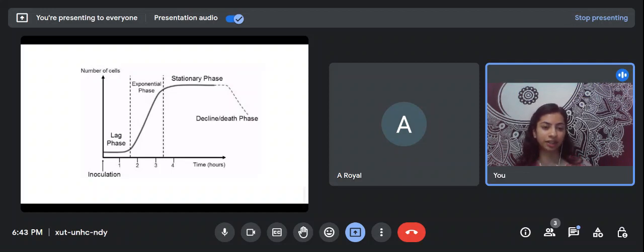In this case, technically we're not passaging, since we're just giving fresh media. What I think of when I think of passage is moving the cells to a completely fresh media.